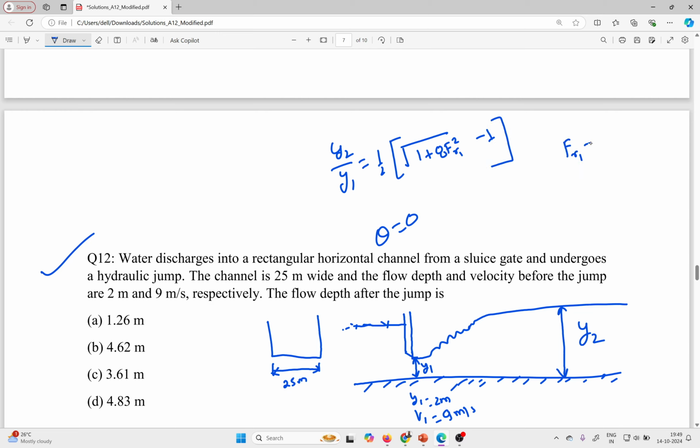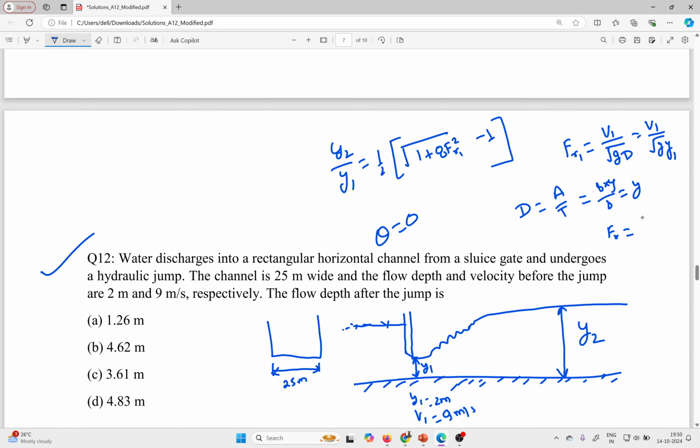What is Fr1? v1 divided by root of g D. What is D? D is area by top width. If it is rectangular, then b into y divided by b, it will be y. So you can write v1 by root of g y1.